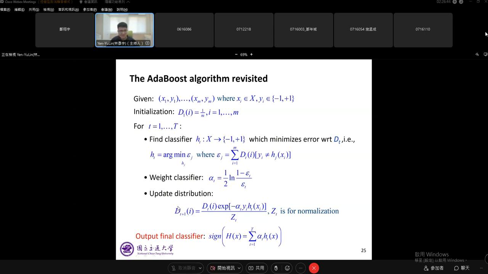This is the reason why we say AdaBoost has its own theoretical support, because these optimization variables are used to minimize the exponential loss. So this algorithm always converges.